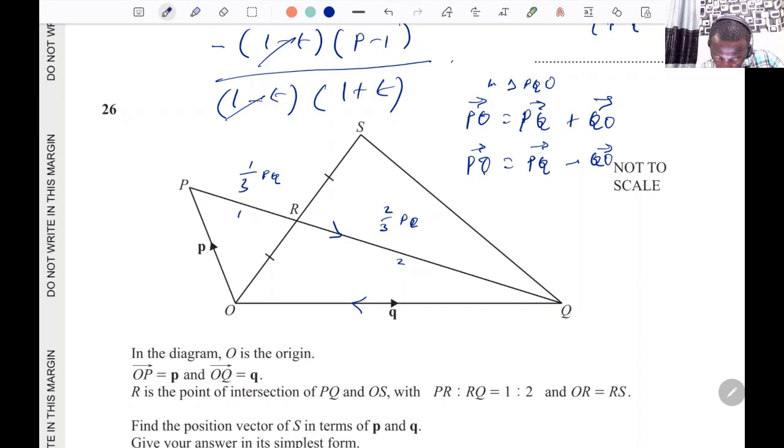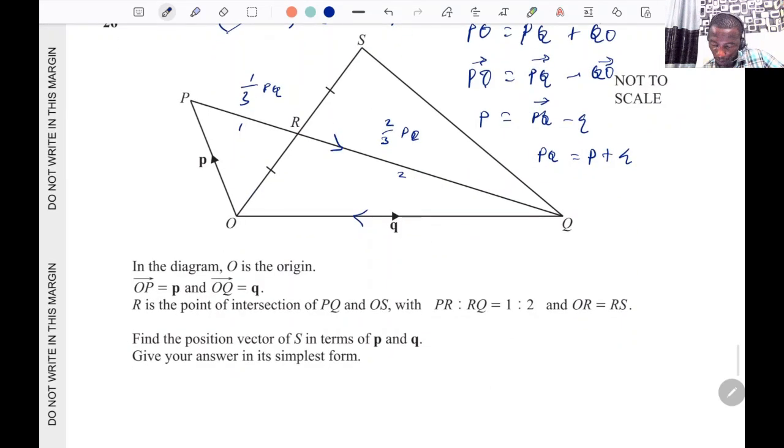So now my OP equals PQ minus Q. When Q comes to the other side, I have P plus Q. So this value becomes P plus Q. Now I'm getting what I'm looking for.